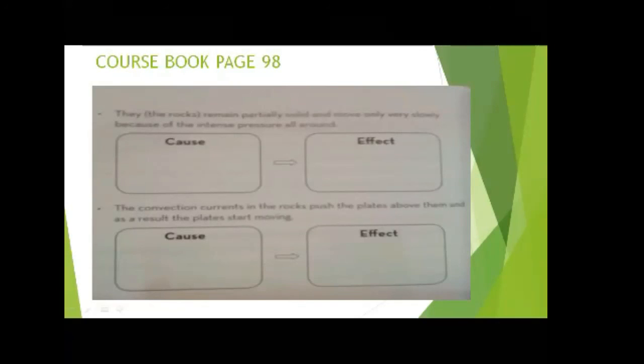Because the convection currents in the rocks push the plates above them. So the convection currents in the rocks push the plates above them is the cause, and as a result, the plates start moving is the effect. I hope you understand what are cause and effect.